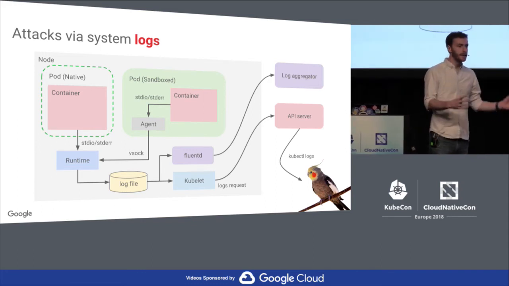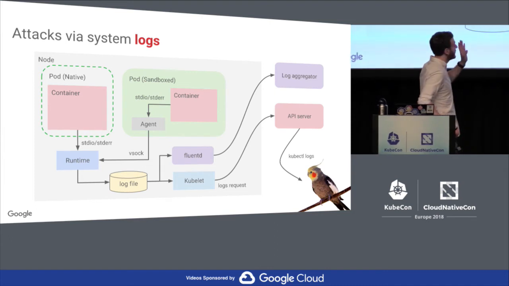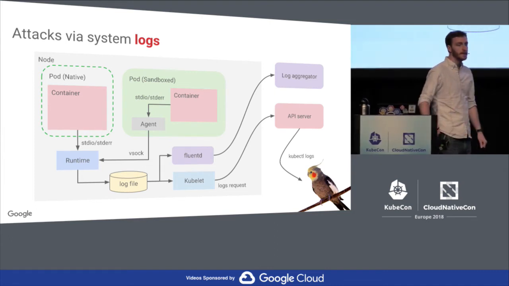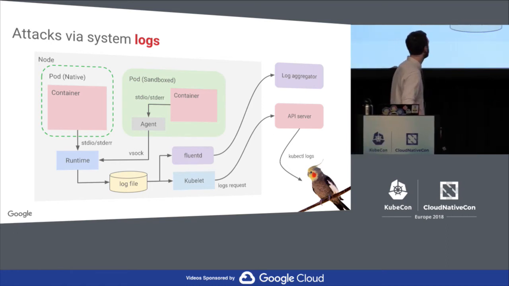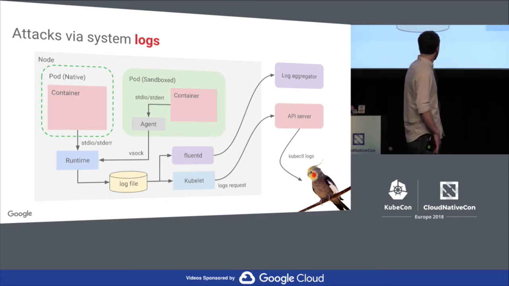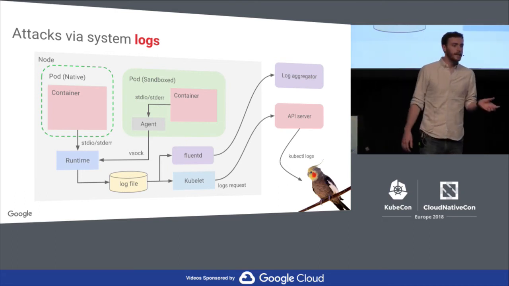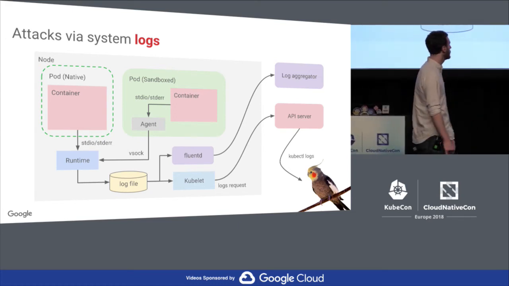They're written to standard out or standard error. That is a pipe to the runtime, typically, which adds a little bit of metadata to those logs, like the timestamp and which stream it's coming from. Then they're written to the log file. And that log file is read by the kubelet to serve logs requests and eventually gets back to the user.